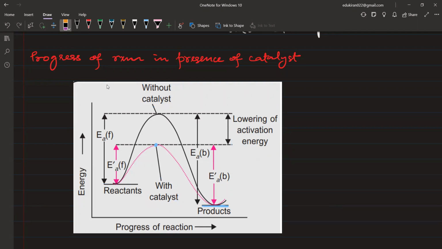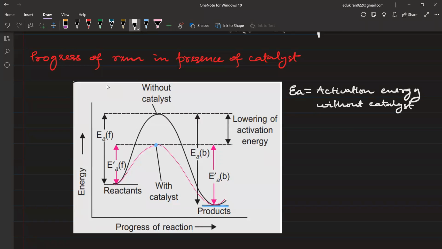Please write this down. I will give you the different things. So we have EA, which is the activation energy without catalyst. Then we have EA dash, this part, this red one.